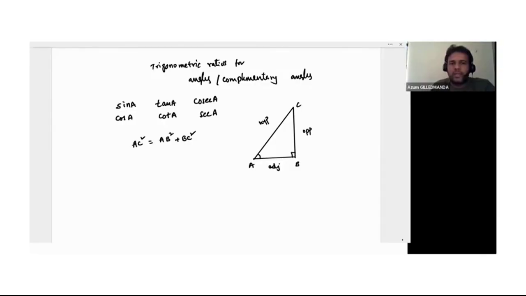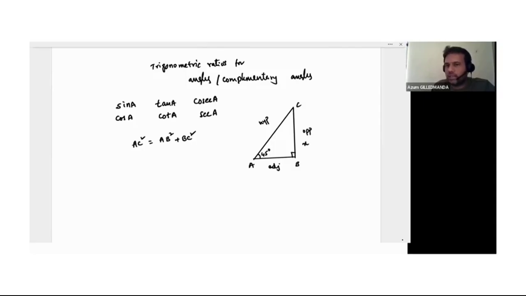Now, if I divide both the sides of this equation with AC square, let's see what will happen. So why I am telling you that is, if the angle A is 45 degrees, the opposite side and adjacent side should be equal.